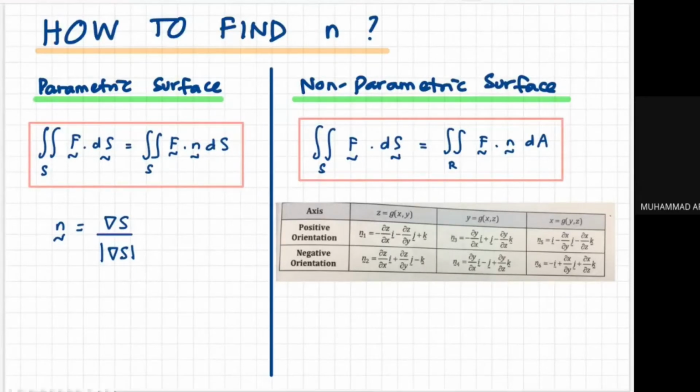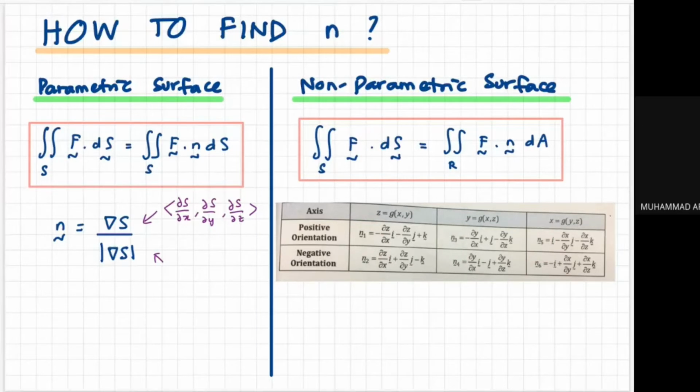The formula for the surface integral is f dot n dA. For parametric, this is how you find the n. And for non-parametric, you can refer to this table, so you have to look at the given equation. For the parametric surface, this is very simple: n is equal to del S del x cross del S del y, over the magnitude of that. For a non-parametric surface, you have to refer to the table to find your n.